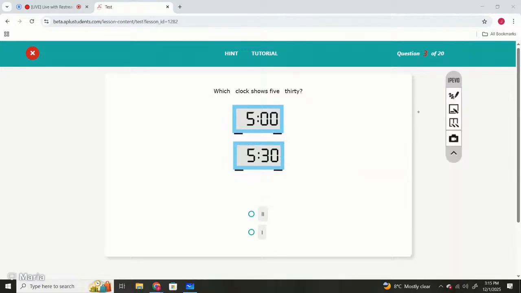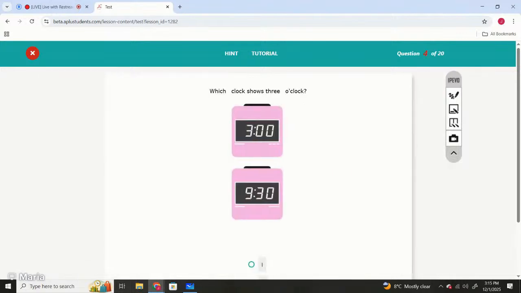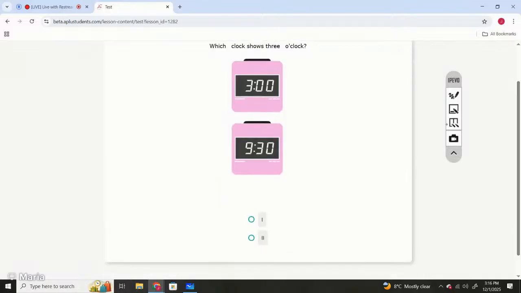This clock shows 5:30, option number 1 is the correct option. So which clock shows 3 o'clock? The first clock shows 3 o'clock, so option number 1 is the correct option.